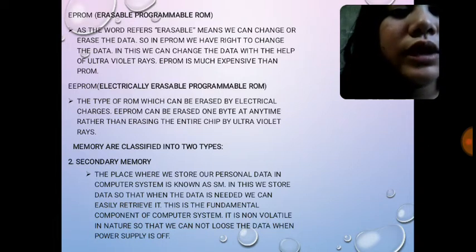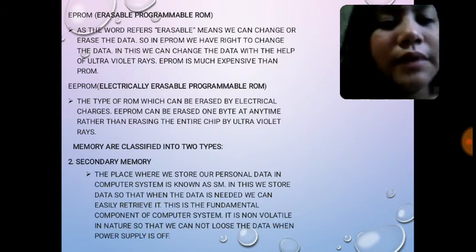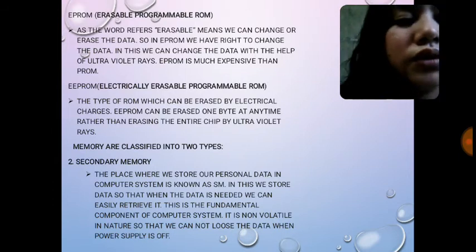EEPROM stands for Electrically Erasable Programmable ROM, the type of ROM which can be erased by electrical charge. Memory is classified into two types, primary and secondary memory, the place where we store our personal data in a computer system, is known as SM.